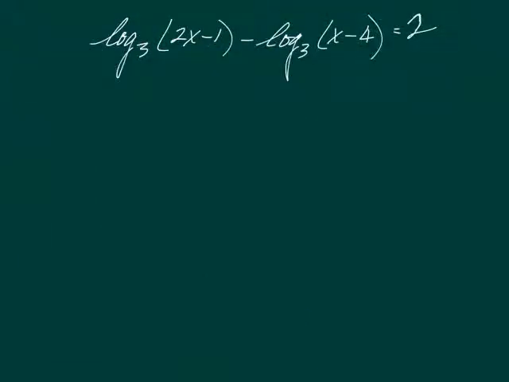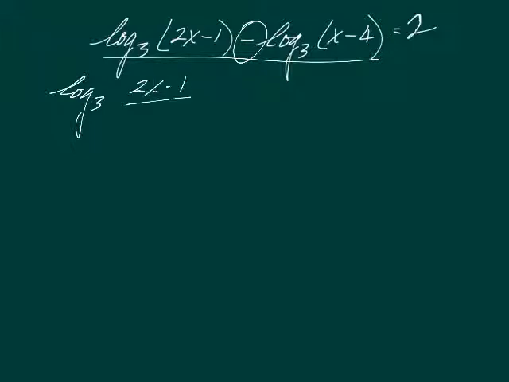Okay, this is very similar to the one we did before. This is example 8, page number 406 in the middle. And again, we are going to try to get my logarithms so that they're just 1 logarithm. So because of this minus sign, I'm going to divide. So I'm going to write this as log base 3 of 2x minus 1 over x minus 4 equals 2.